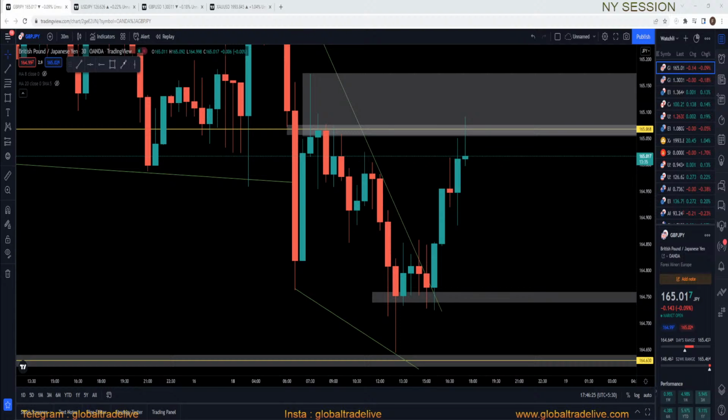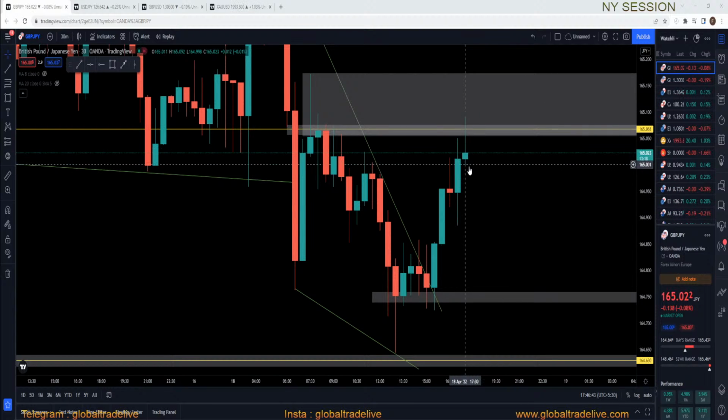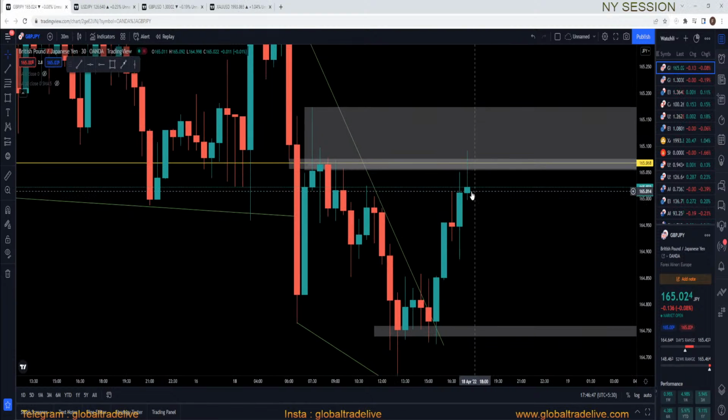So yeah, let's see. Now it has created a lower wick, finally. Now the question is, will it go up again?